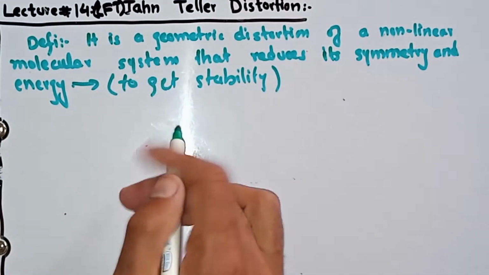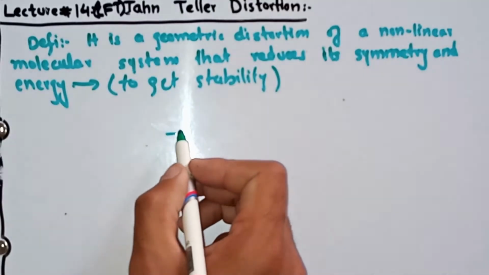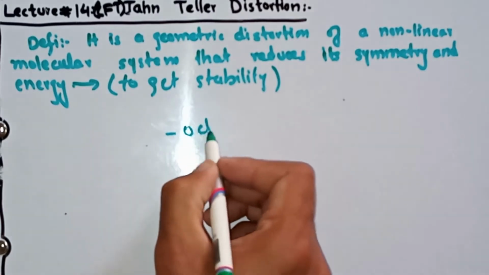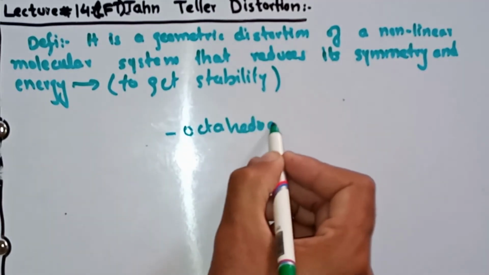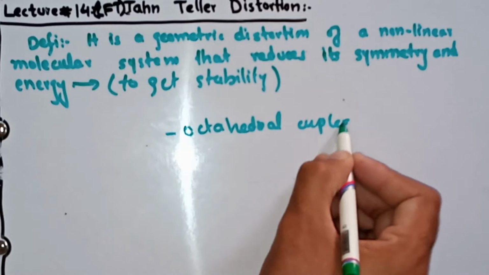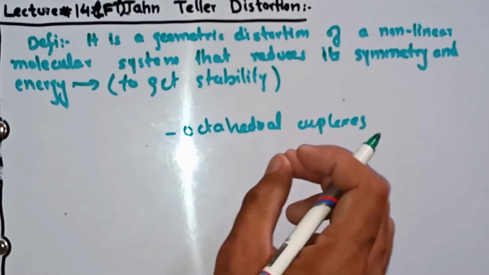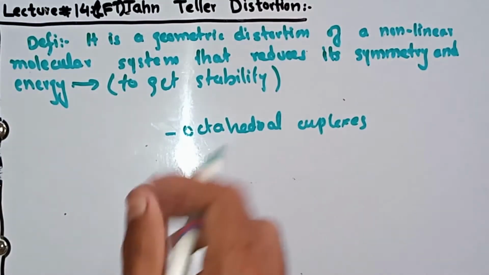This distortion is typically observed only in octahedral complexes, where the two axial bonds can be shorter or longer than those of the equatorial bonds.